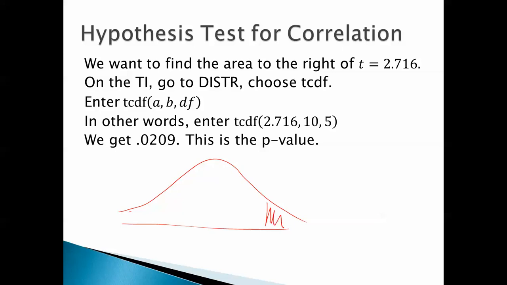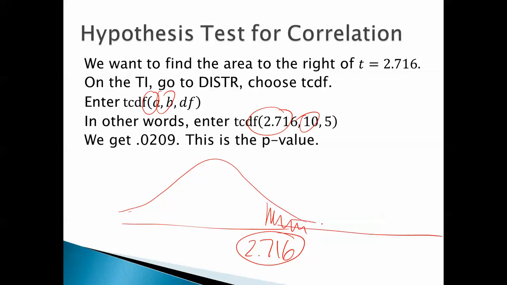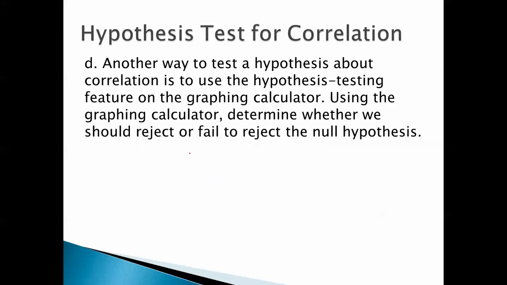We want to know the area to the right of 2.716. So in this case, A, our left endpoint, is 2.716. B, our right endpoint, is going to be infinity. There's no infinity button on the calculator, so we may as well just choose 10, because 10 is way out there. And the degrees of freedom is 5. We get 0.0209. That's the p-value.